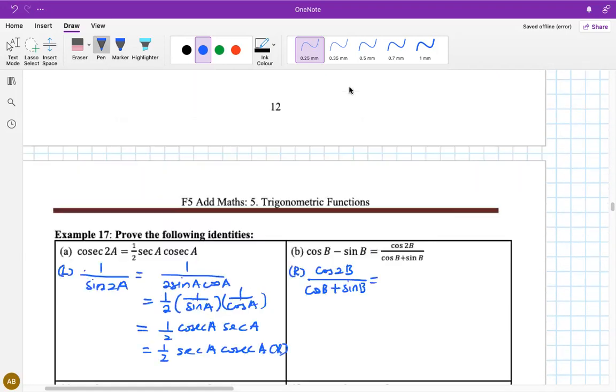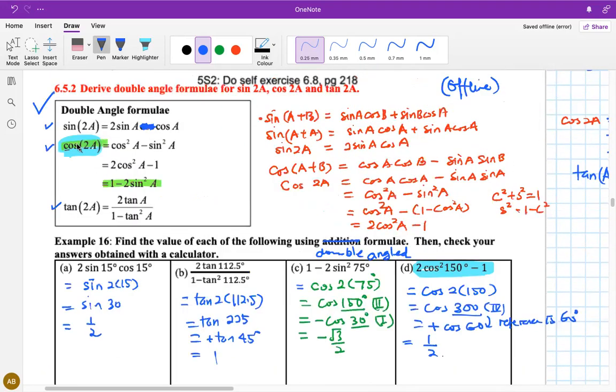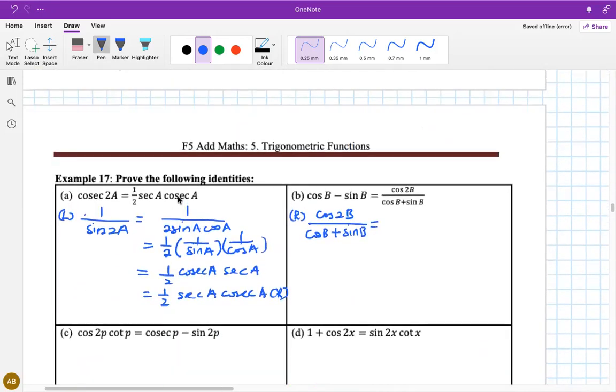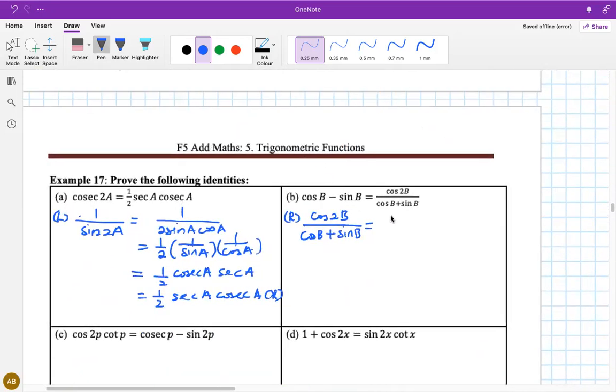So either one of these. If you choose the first one, second or third, you still can get the answer. So here I choose cos square b minus sine square b, over cos b plus sine b.